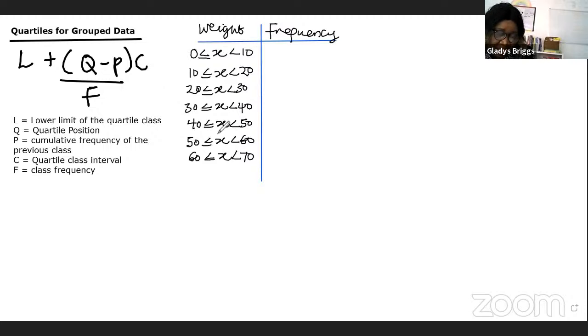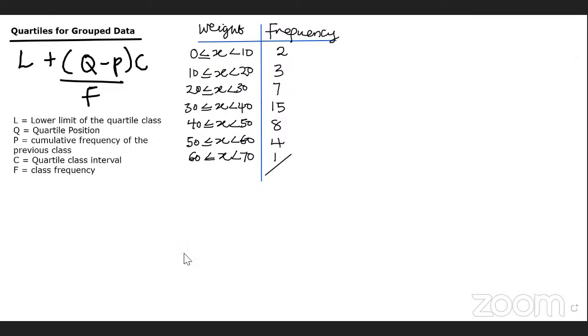Now, the first thing, okay, let's complete the table. You got 2, 3, 7, 15, 8, 4, and 1. Add them all up to get your total frequency. Let's see what you get. 40.